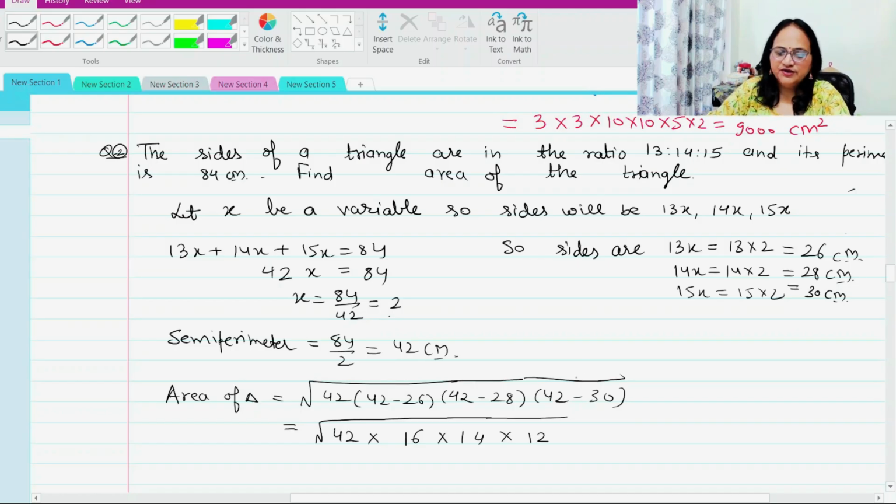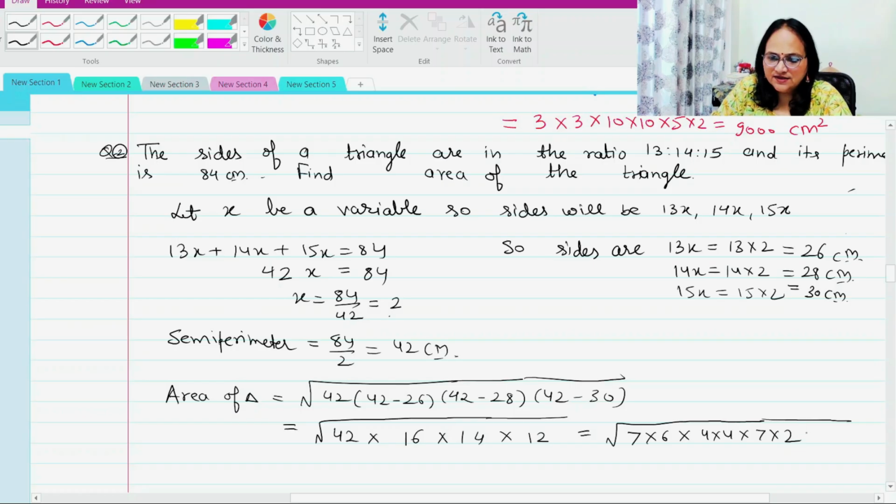Again, as I told you, you need to split the numbers and put them in pairs. 42 can be written as 7 into 6. 16 can be written as 4 into 4. 14 can be written as 7 into 2. And 12 can be written as 2 into 6.